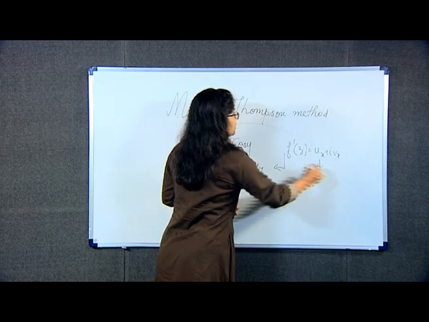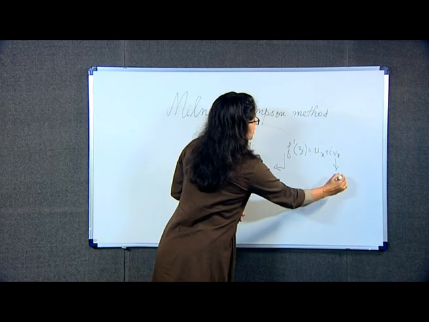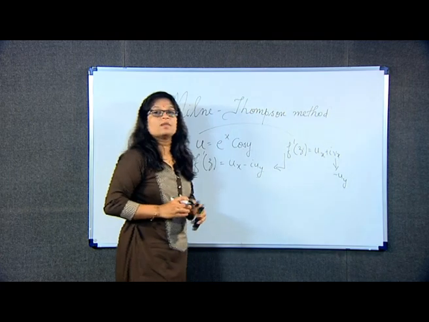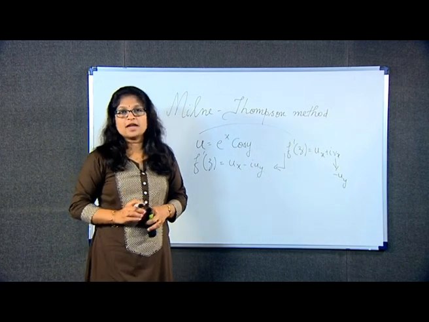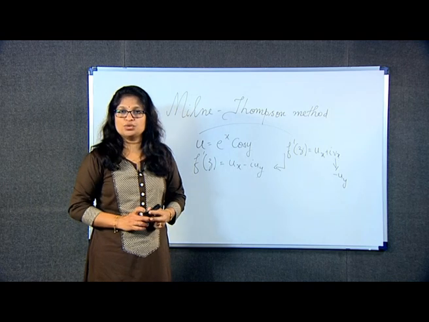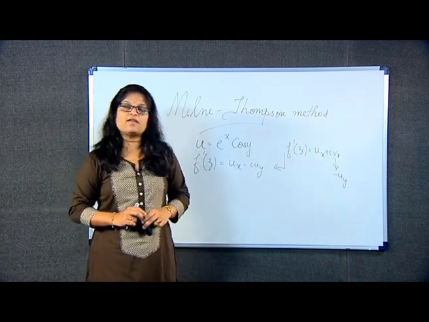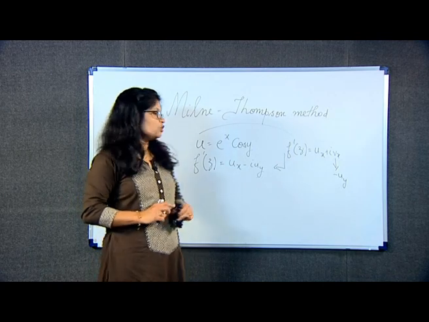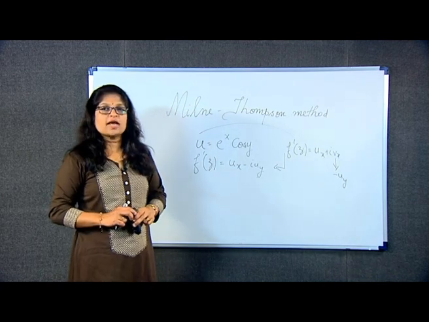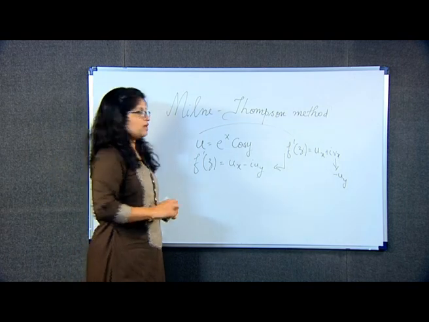You are replacing this vx by minus uy, because you are going to find an analytic function f of z whose real part is u. So, since the function is analytic, the CR equations are satisfied and vx can be replaced by minus uy. So, I have ux minus iuy as my f dash z since u is given to me.